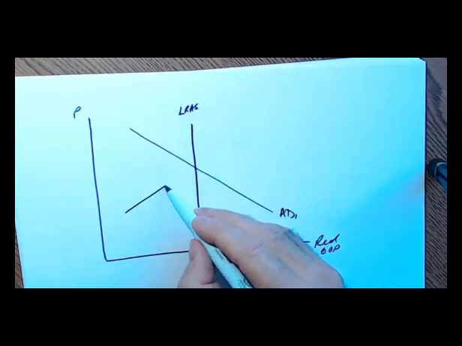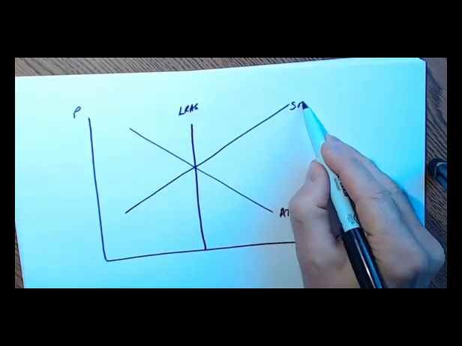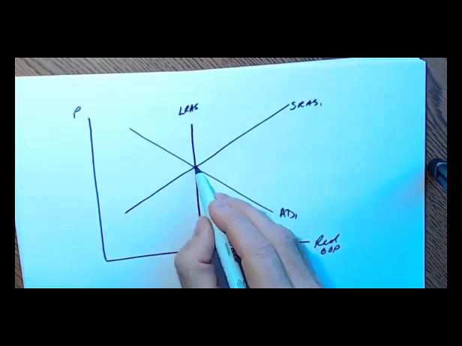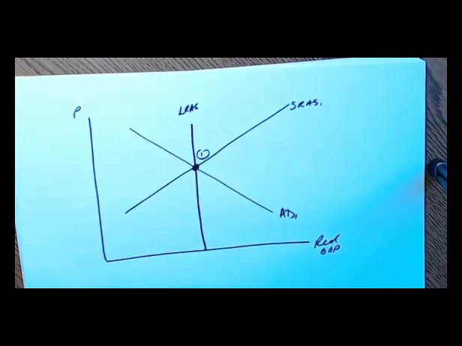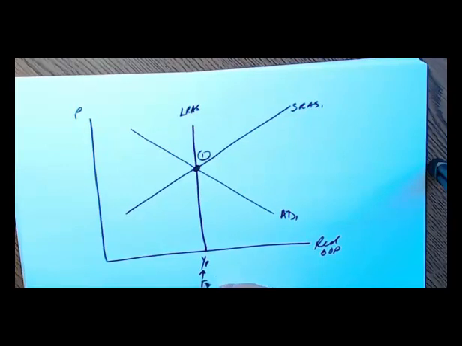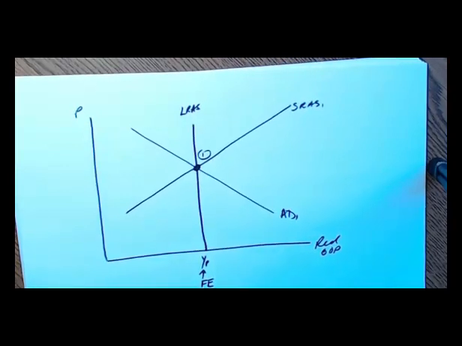We have a short-run aggregate supply curve 1. We have equilibrium right here at point 1. Okay, start out there. So there we are at full potential GDP, think of it as full employment GDP.